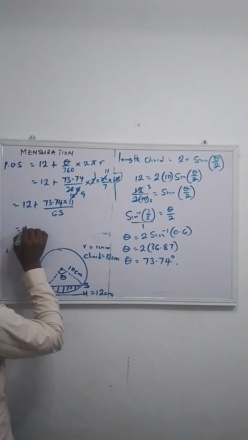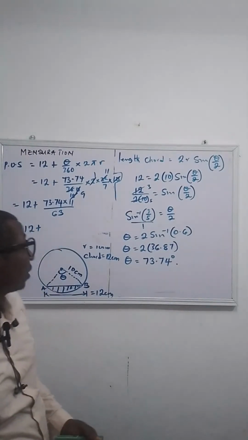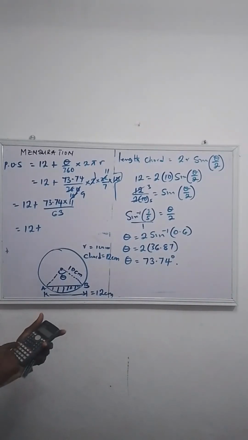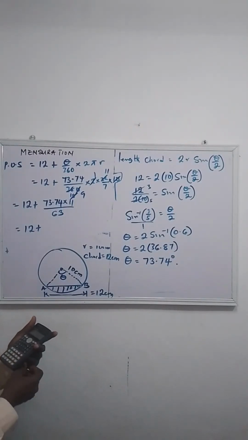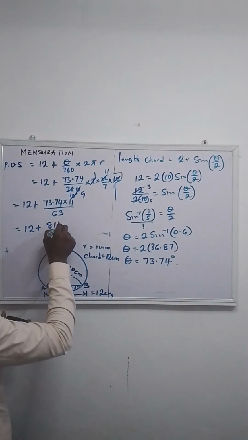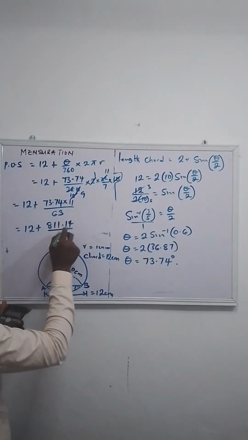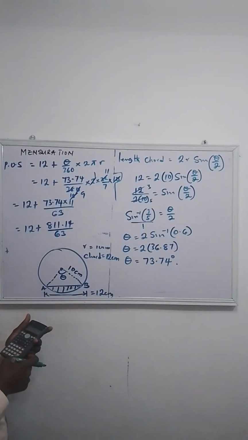So we have 12 plus, now let's evaluate this. We have 73.74 times 11, so we have 811.14 over 63. When you divide that by 63, what do we have?